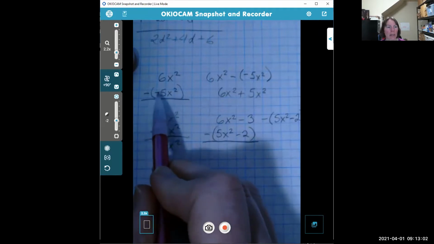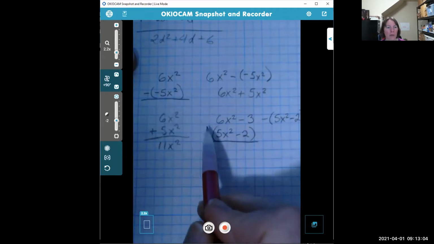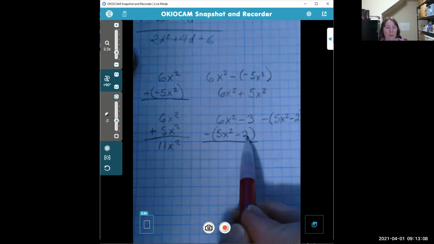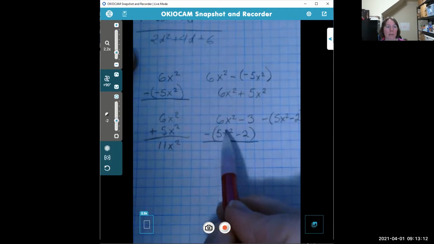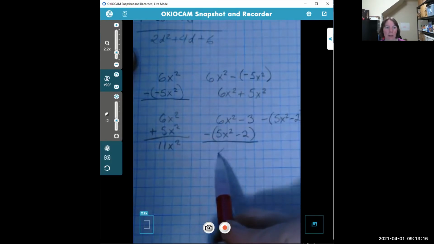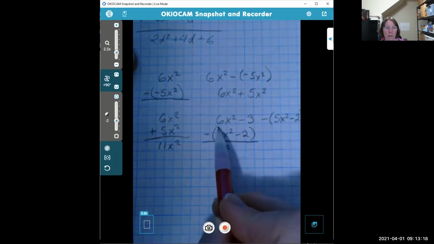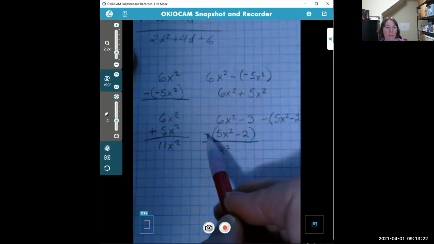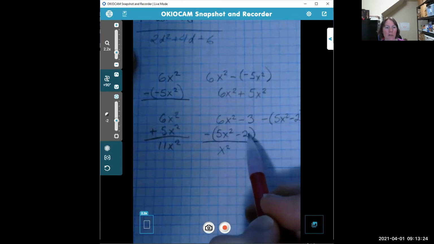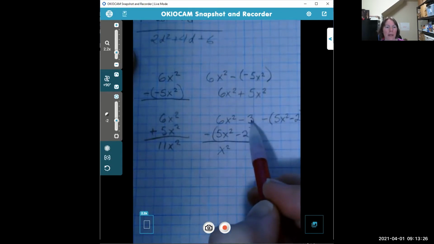Anything inside, if you're subtracting a negative, and this 2, you're now subtracting a negative 2, is the same as adding. So here now, because I took the negative sign off of the 5x, now when I subtract, I only get x squared, because this one isn't negative in this example, but this one is negative. So I am subtracting a negative 2 from a negative 3.